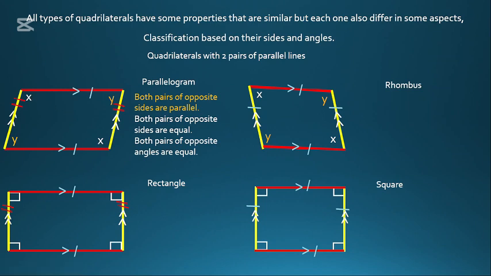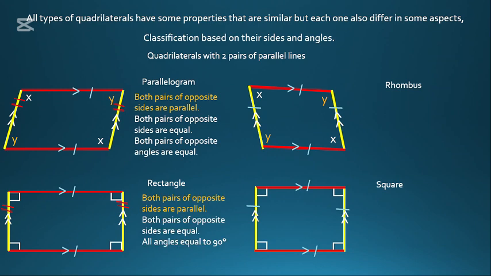Now we get to the next one, the rectangle. Very similar to the parallelogram, both pairs of opposite sides are parallel. Right. You see there and over there. Then both pairs of opposite sides are equal.